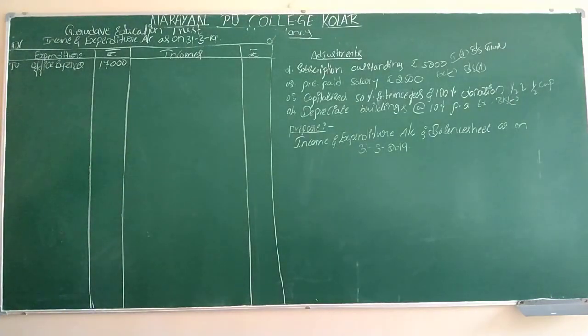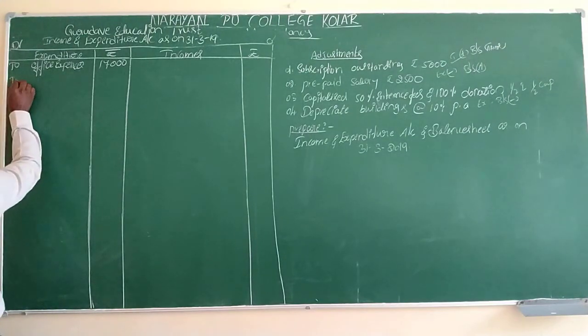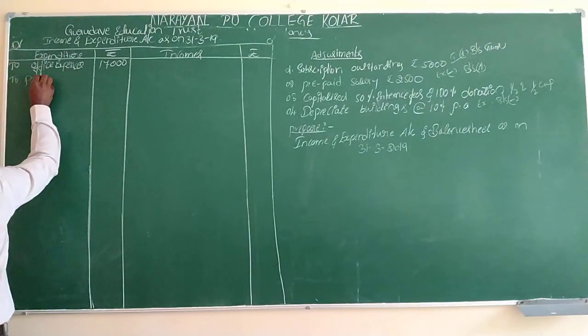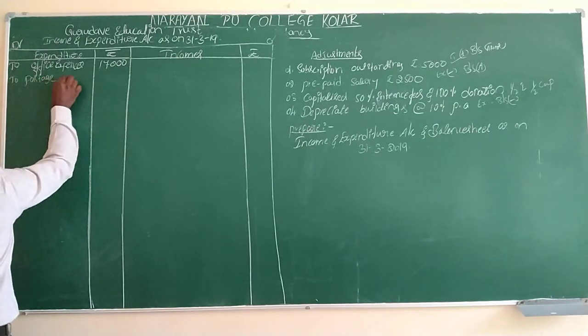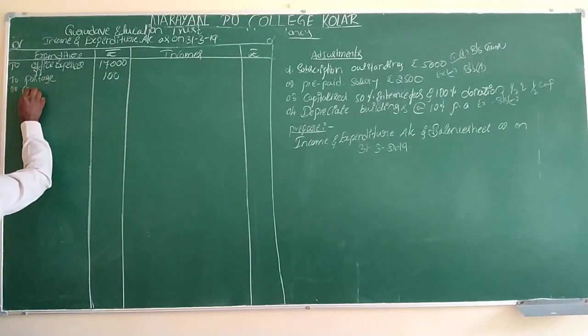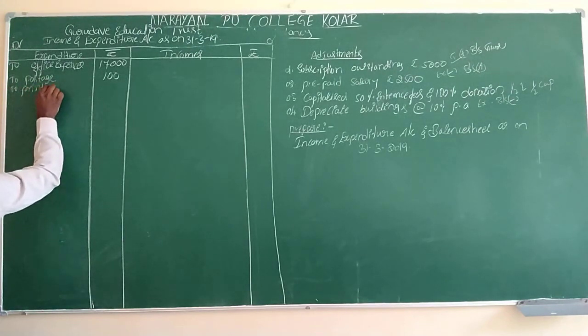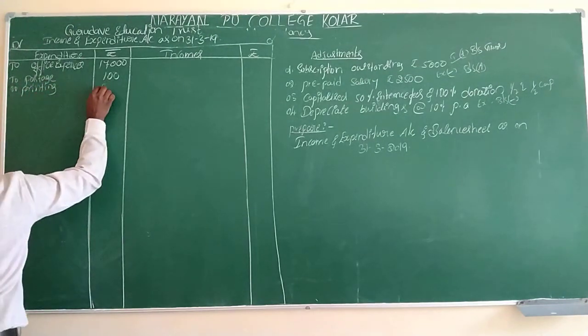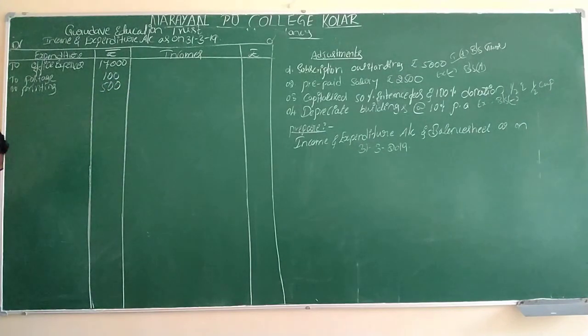After that, we have to write to postage, value is 100. To printing, 500. And also salary.